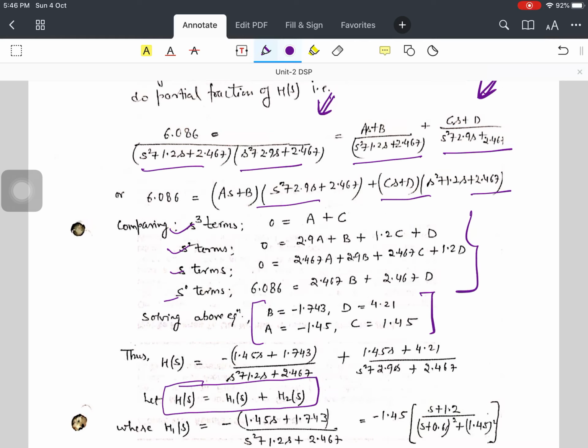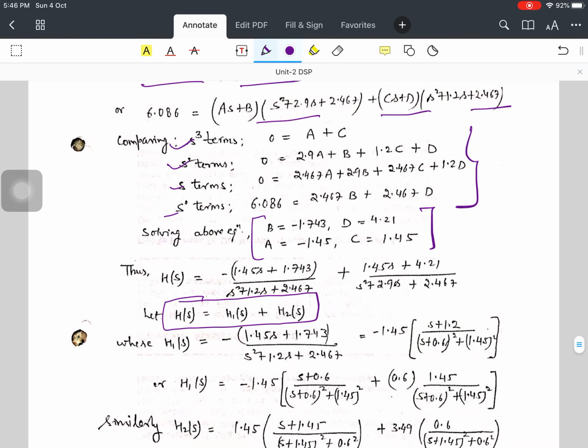When you put these values, we will get H(s) in the form of H1(s) plus H2(s). One by one, we will take H1(s) first, then we will do the solution for H2(s). For H1(s), we have to convert this function into the form of (s plus a) upon (s plus a) whole square plus b square.